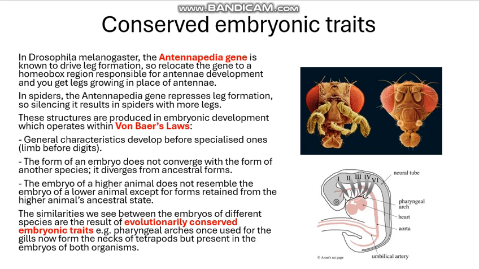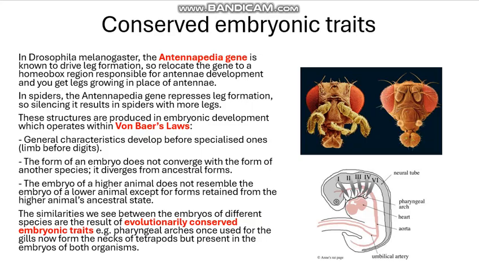These structures are produced in embryonic development, which operates within von Baer's laws. So a brief overview of these laws: their general characteristics develop before specialized ones. So for example, you get little limb nubs in embryos before you get the full limb with digits forming.